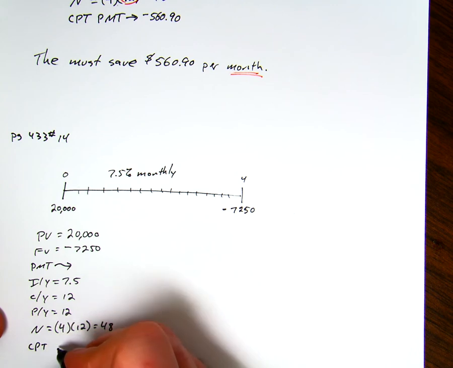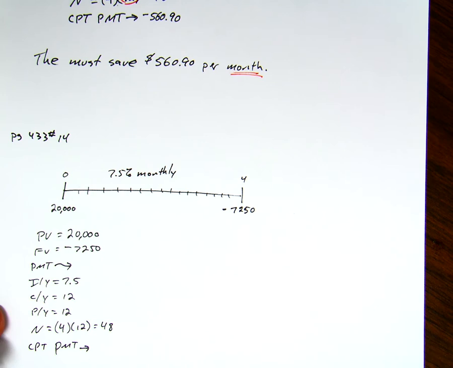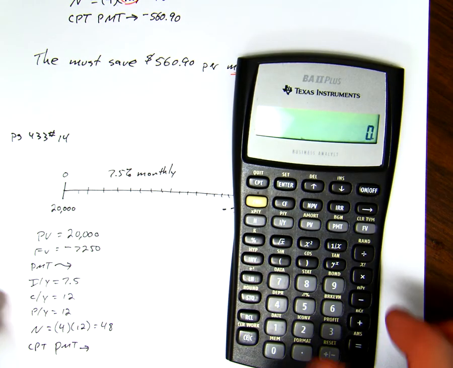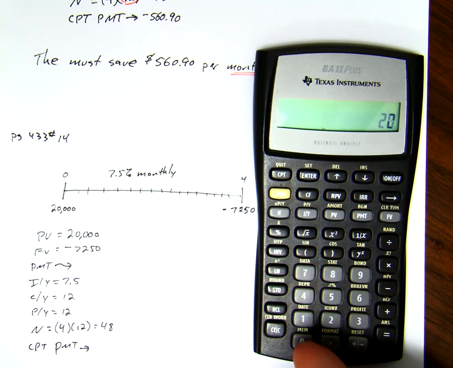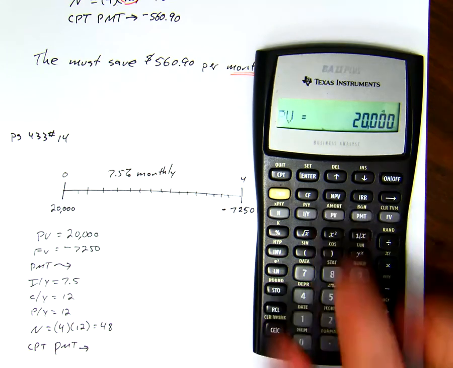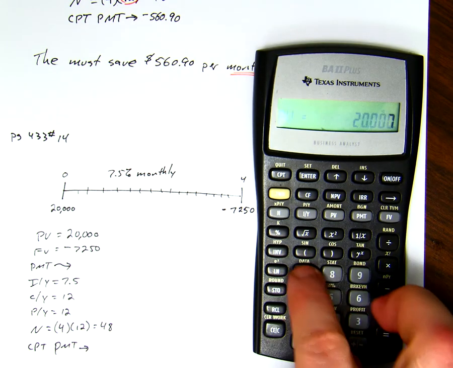And we're going to compute the payment. $20,000 is our present value. It's how much we got in the loan.